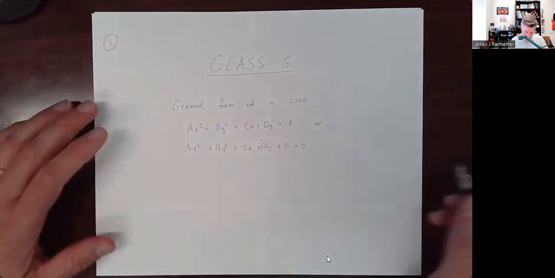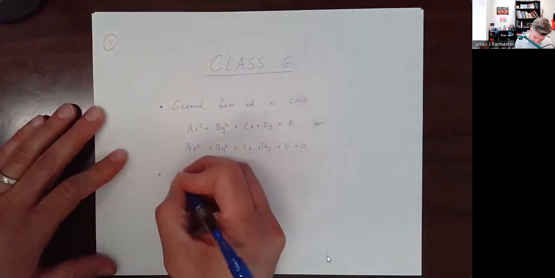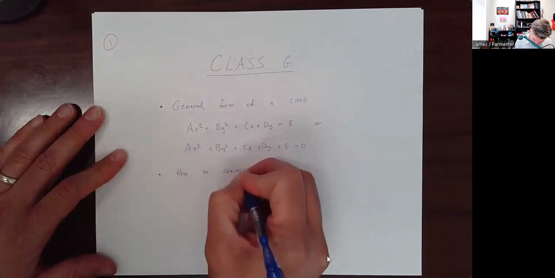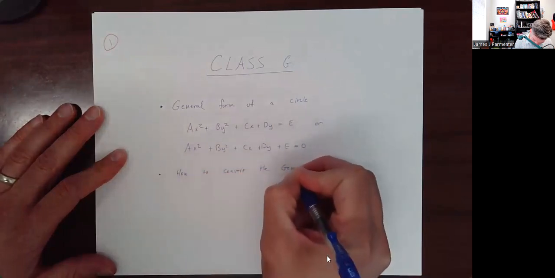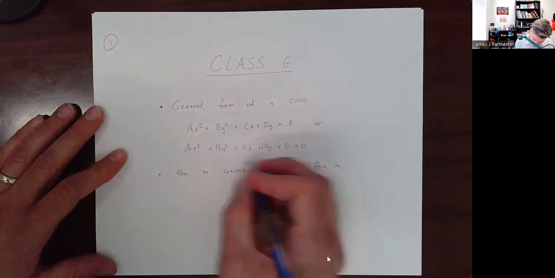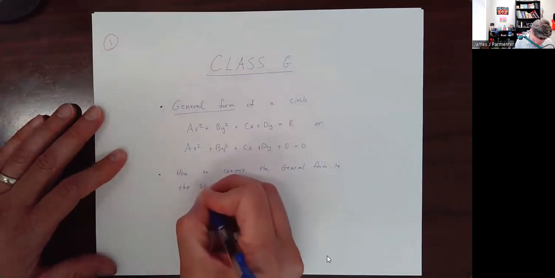Either way is fine. That's one thing we'll talk about, and we'll talk about how to convert the general form above to the standard form, which is what we were talking about yesterday.